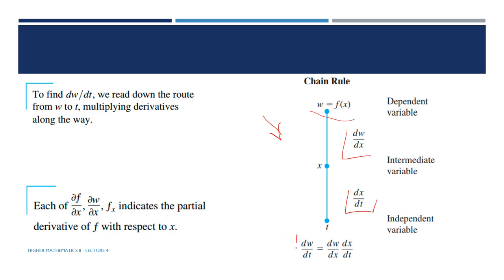Then we'll get this expression. Each of the partial derivative of f with respect to x and the partial derivative of w with respect to x, or f sub x, indicates the partial derivative of f with respect to x. All of them we can write the same way.